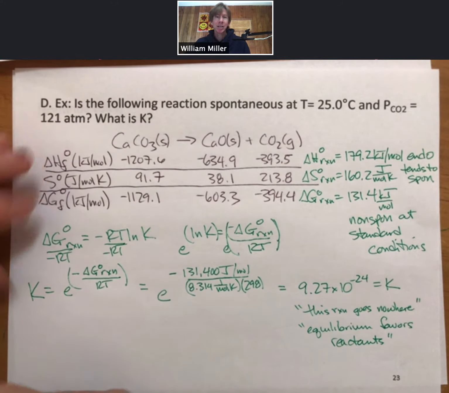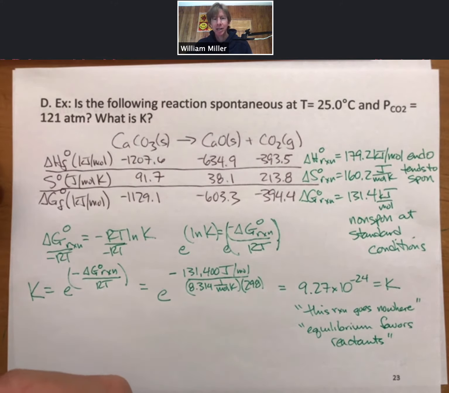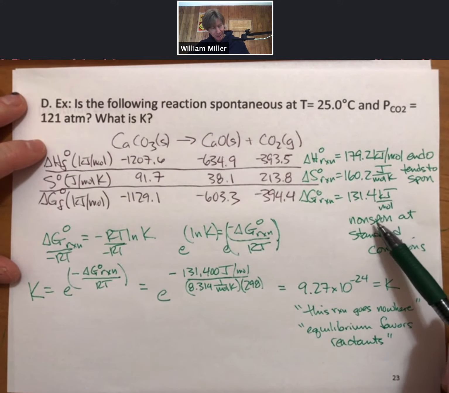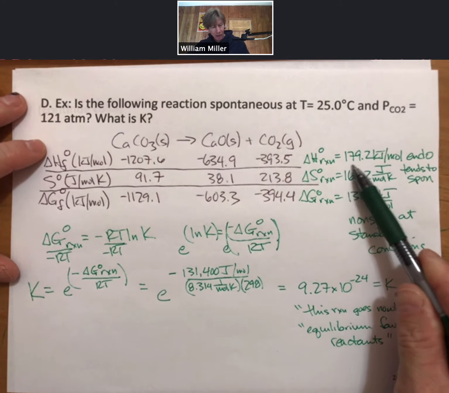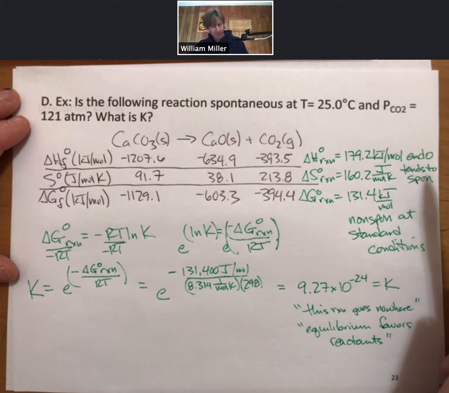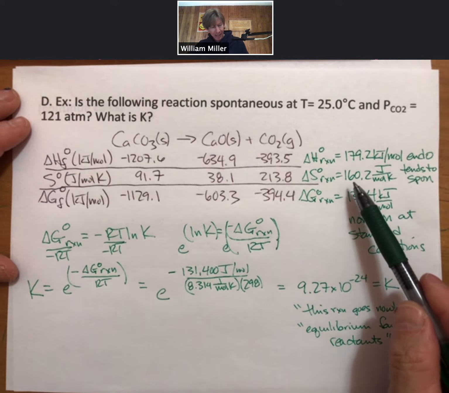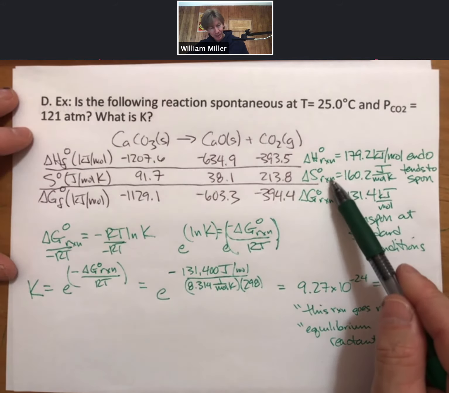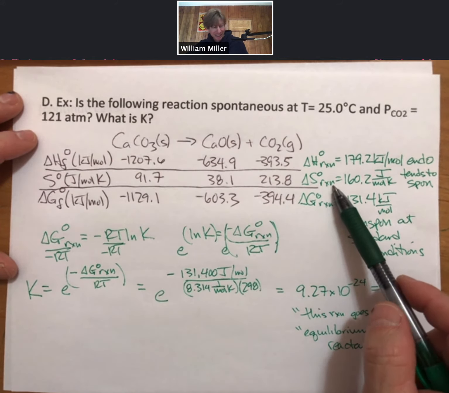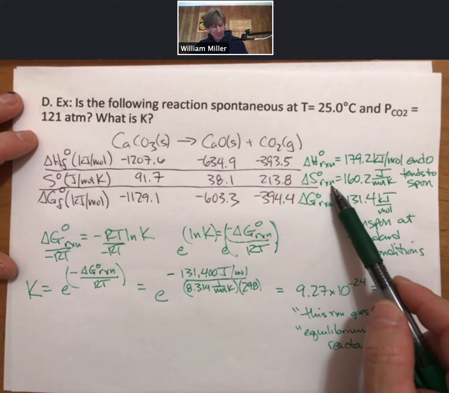That's what we would say in the equilibrium chapter. Now in the thermodynamic chapter, we would say this reaction is non-spontaneous and it would take a large amount of energy to make it happen. And we could also say there is a temperature above which this reaction becomes spontaneous. I don't know what it is.